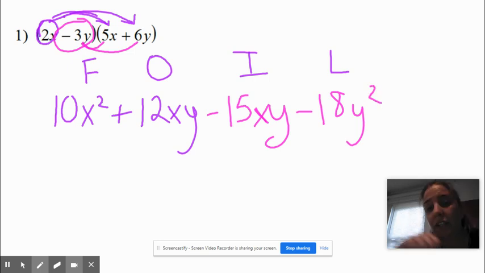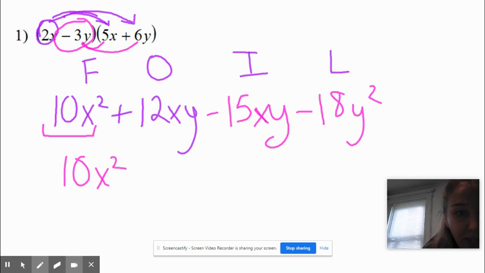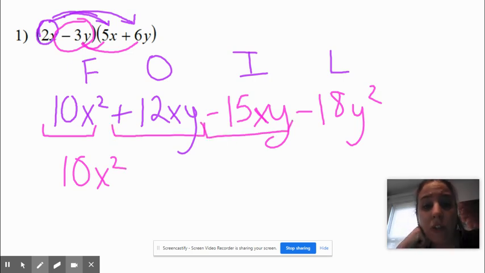All right, now just like last time, we have to combine like terms. XY is a like term with XY, okay? So this is the only X squared term. It just comes down. But XY with XY, that's totally doable.